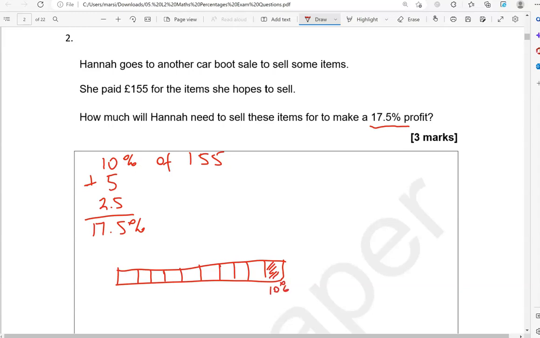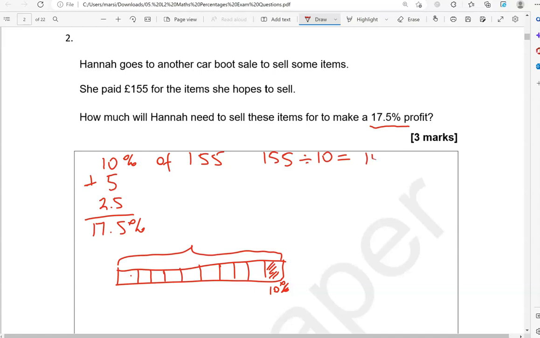So that's 10%. So 10 lots of it will make 100%, the total amount. To get 10%, you need to divide the whole amount by 10, because there are 10 divisions in total.